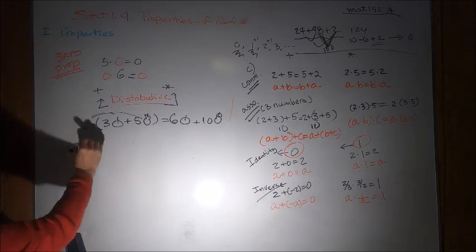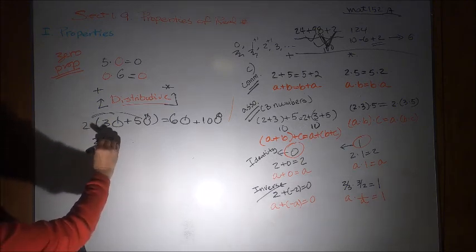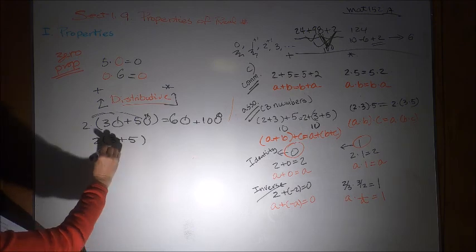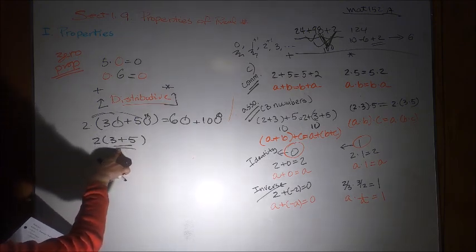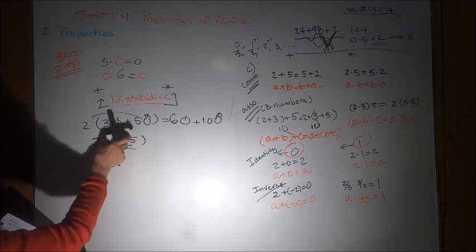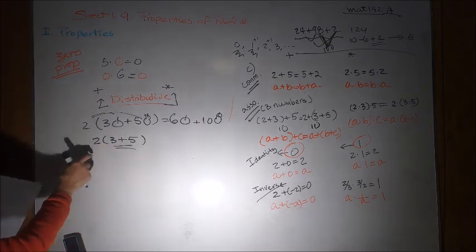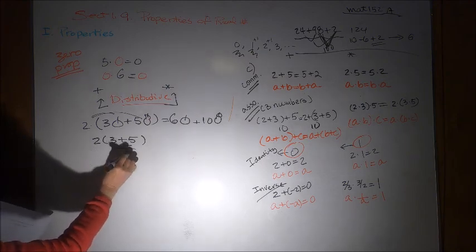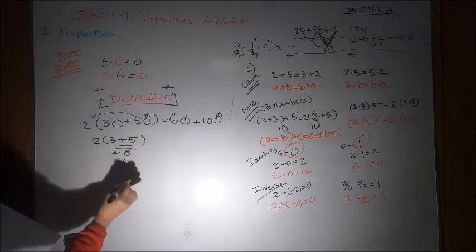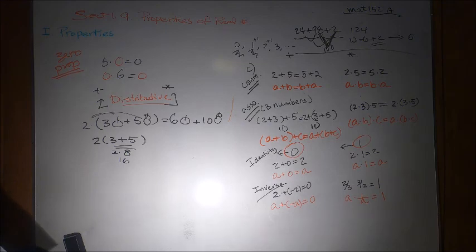Same thing with numbers. If I have a parenthesis with 3 plus 5 in a group, and I multiply by 2, you add them together, it's 8. 2 times 8 would be 16.